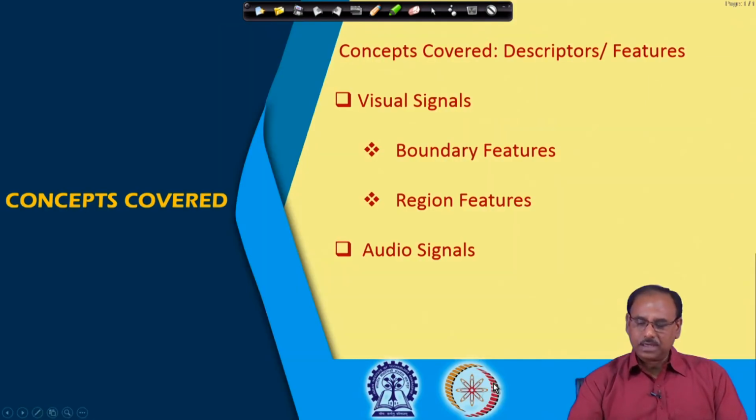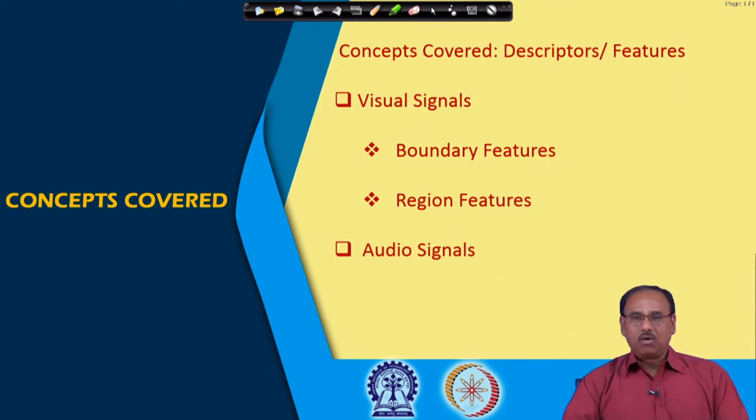So, in today's lecture, we are going to talk about how we can obtain the descriptors or features from the signals that we obtain from the real world. These signals can be visual signals, in the form of images, what we can see through our eyes.